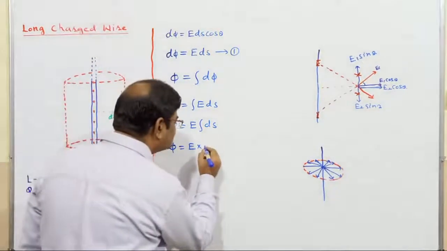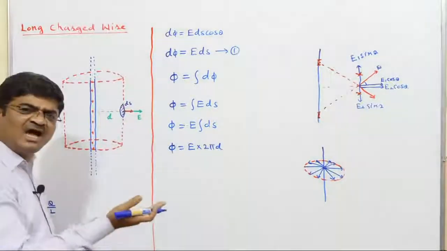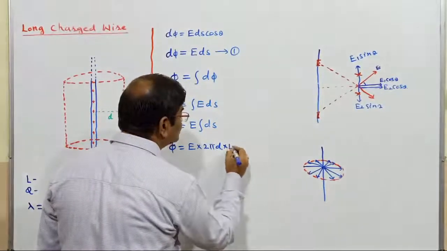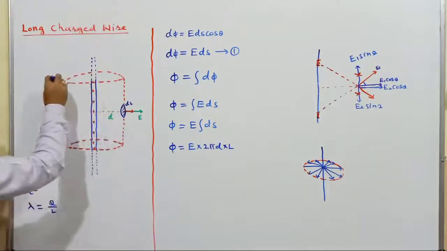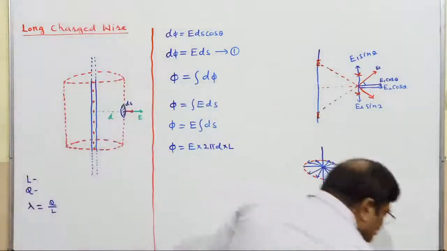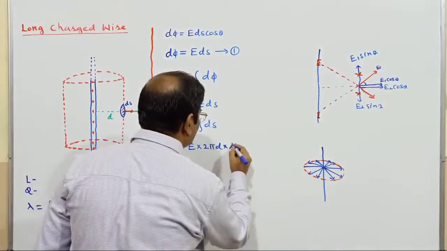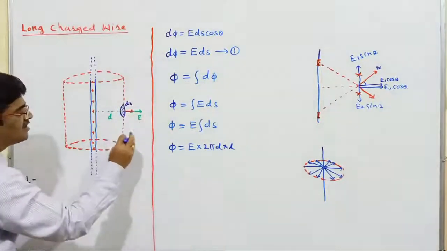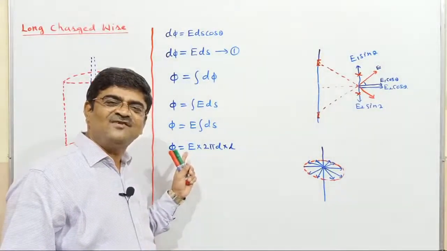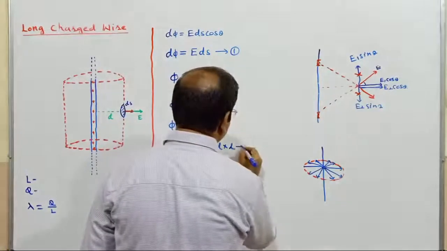The curved surface area of the cylinder is the circumference 2πr, with d in place of r, into the length of the cylinder. Let me assume the cylinder is of length small l, because the wire I have taken is of length capital L, so it should not confuse you. So I got the flux associated with the curved portion of the cylinder. Let me refer to this as equation number 2.